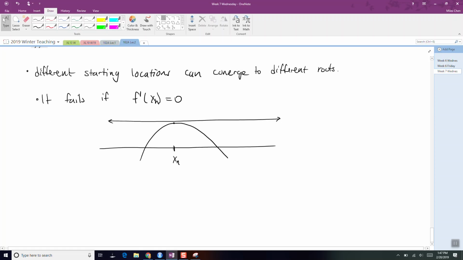So that's an issue. And then you can also end up very far away if f prime of x is not 0 but close to 0.